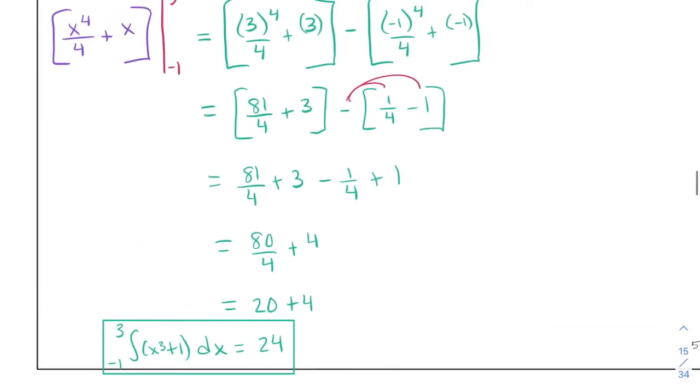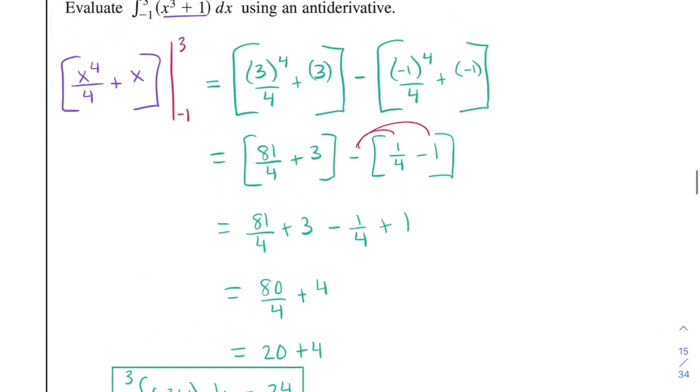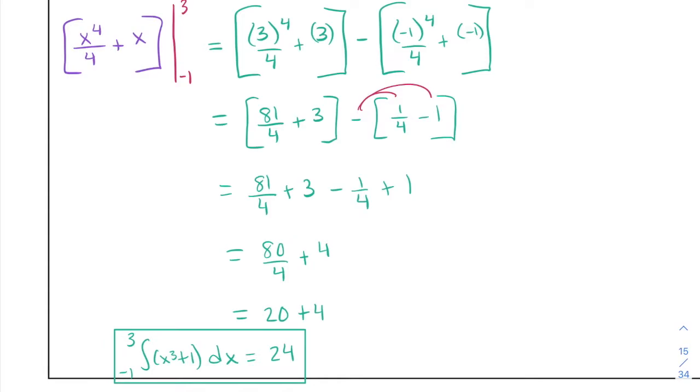And that's it. Again, if you did these separate off to the side, sometimes it's a little bit easier than putting it all together. But leave everything in fractions. Don't try to simplify it if you don't have to. And then, clean up your fractions and then clean up your whole numbers.